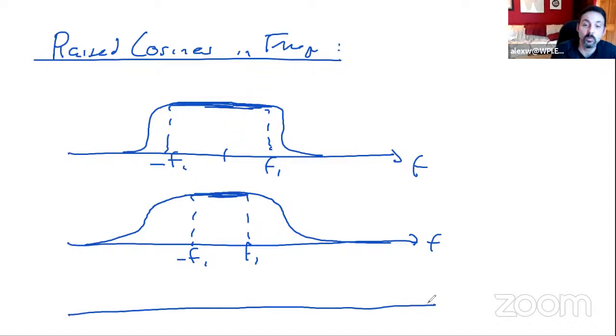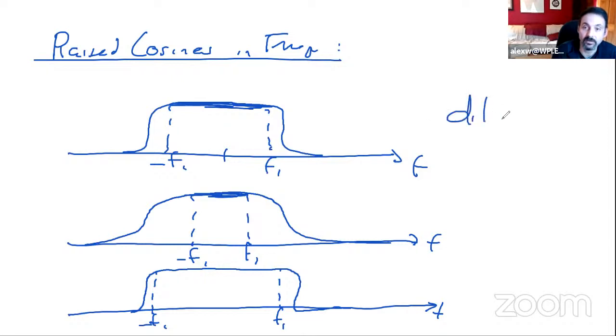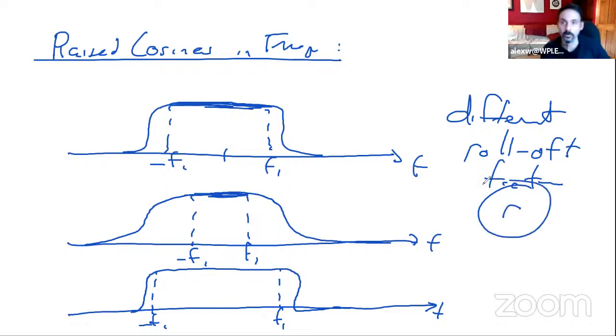I could also have a much more aggressive one, that. Right? Minus F1 to F1. So all of these are raised cosine pulses, but they each have a different roll-off factor, R, right?